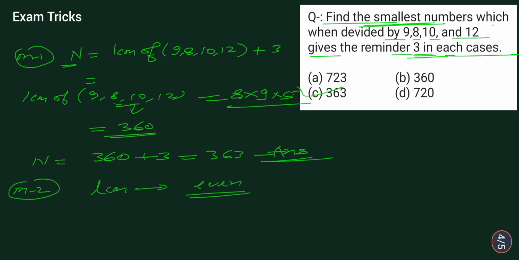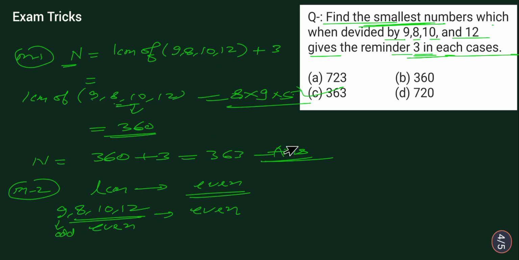In this case the numbers for the LCM are 8, 9, 10 and 12. Here 3 numbers are even and this one is odd, so our LCM would be an even number, right?